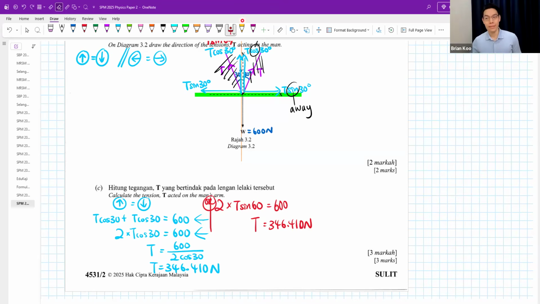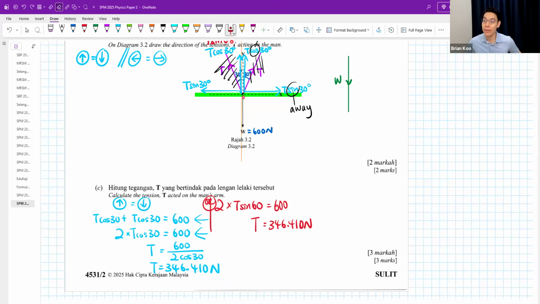There's a third method, which is the triangle method, where you have to draw a triangle. I feel that method is more troublesome. Now, the method works like this. You are going to have to draw a triangle using all the three forces that you see.